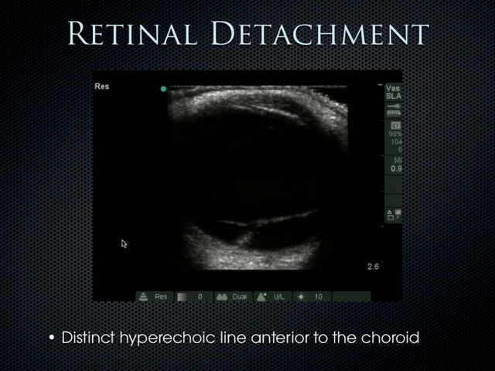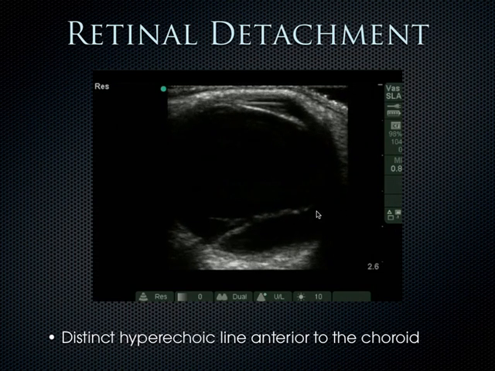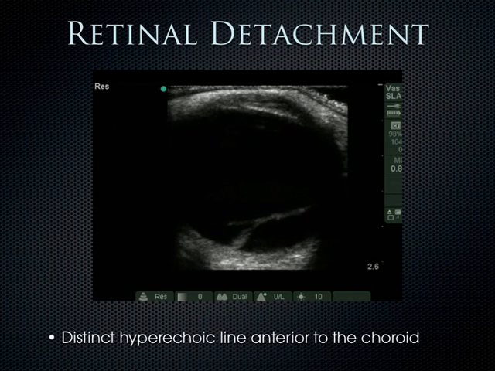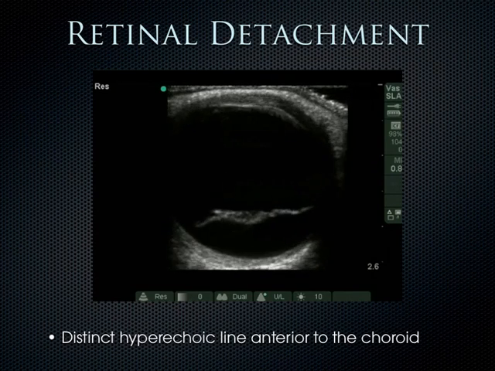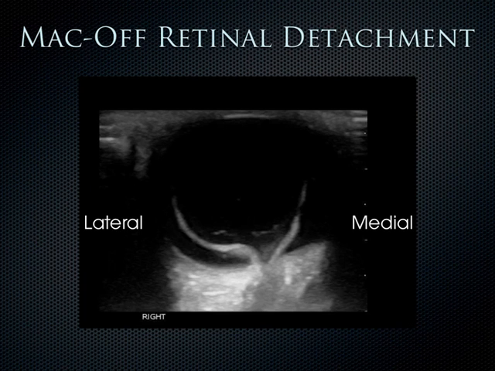Now, this is an example of retinal detachment. We can see it's tethered at this location, and it's this tethered membrane that is coming off the back of the choroid as the patient looks around. As I mentioned, it depends where the retina gets detached. It could be at the level of the macula, and the macula is just lateral to the optic nerve sheath.